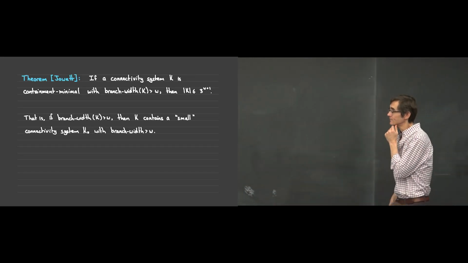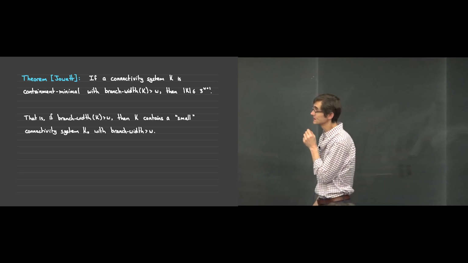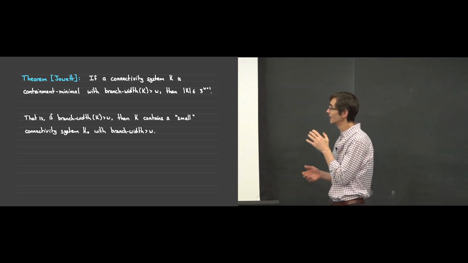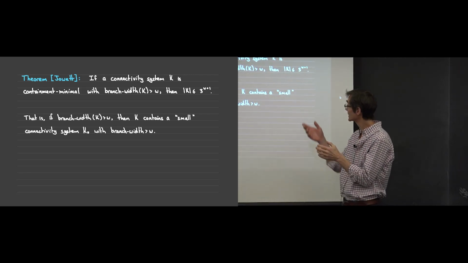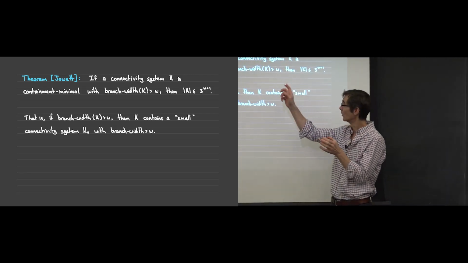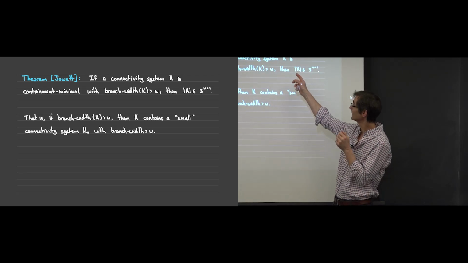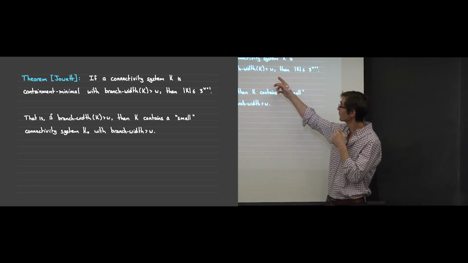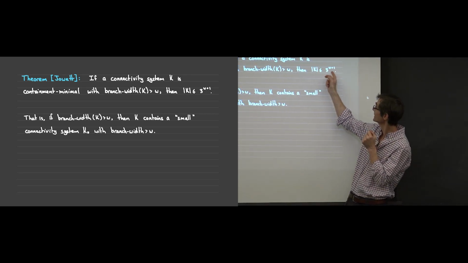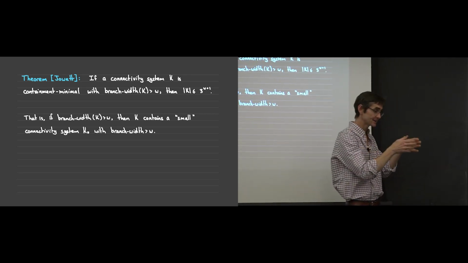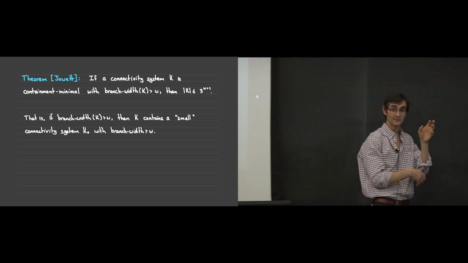There's a really nice theorem in Susan Jowett's thesis that tells you that obstructions to branchwidth W are small. So if I have some connectivity system that's containment minimal with branchwidth bigger than W, then that connectivity system has size less than 3 to the W plus 1.